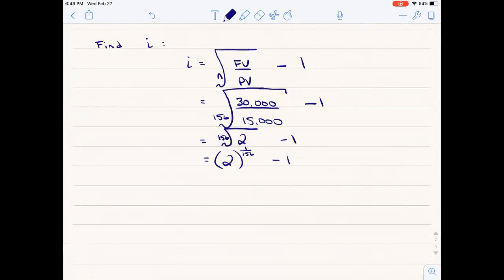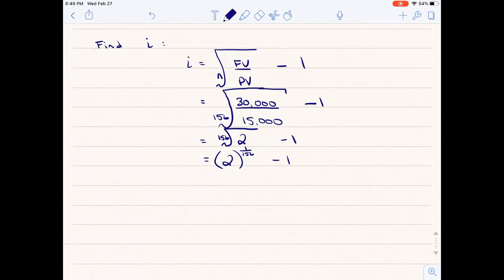So try it on your calculator. 2 to the power of, and whenever you want to do a power that's not just 2, use the y to the x button. And then I'm going to put the 1 over 156 in brackets just to make sure that it stays together.